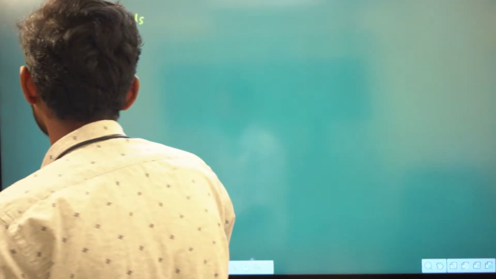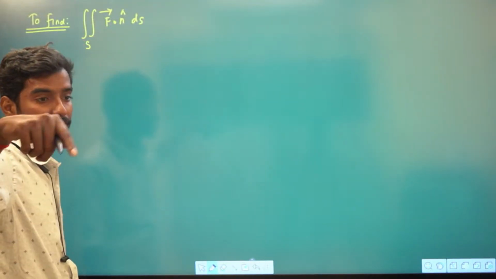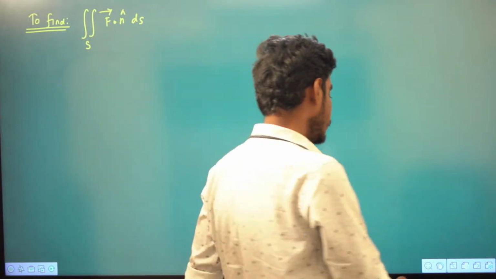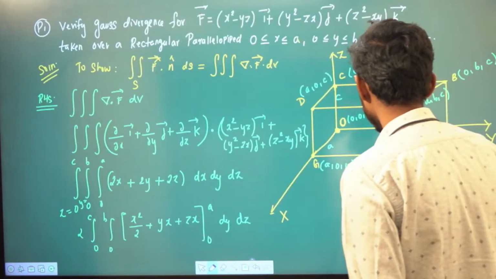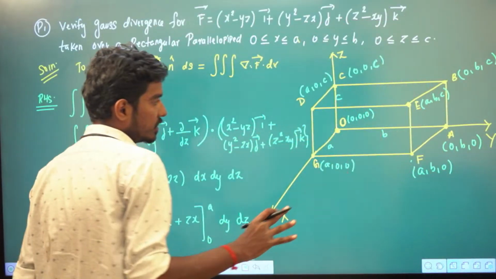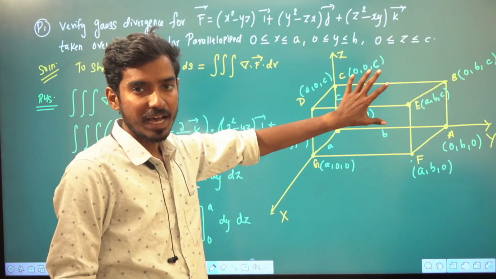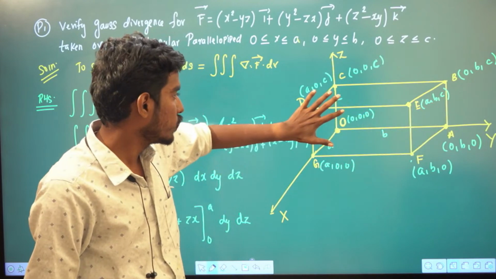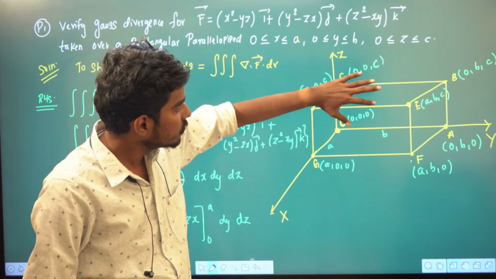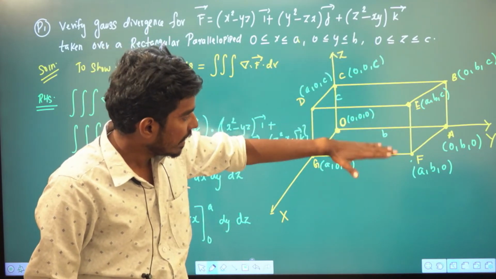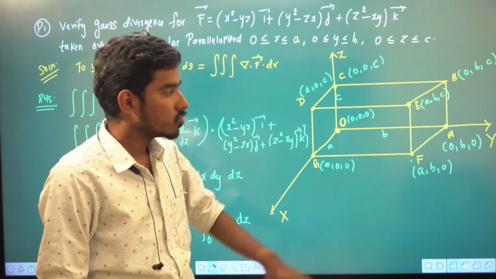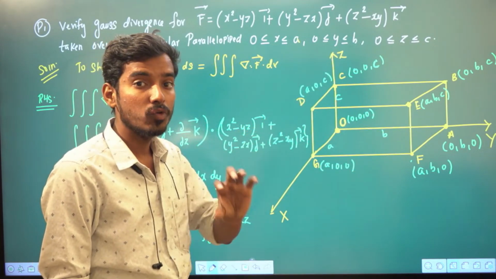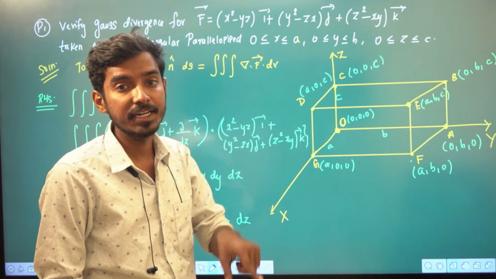Now for the surface integral we have 6 surfaces. What are those 6 surfaces? S1 is your front surface, S2 is your back surface, S3 is your right surface, S4 is your left surface, S5 is your up surface, S6 is your down surface. So to evaluate the surface integral, you need to evaluate those 6 integrals.